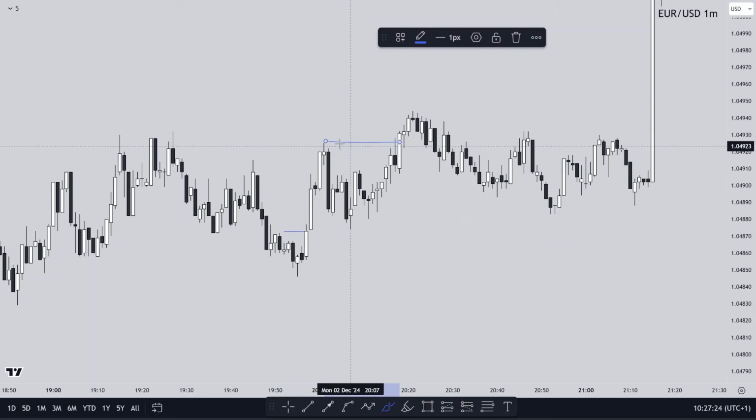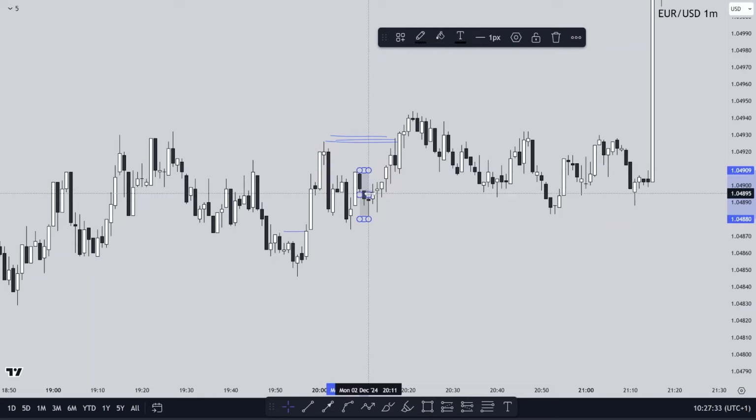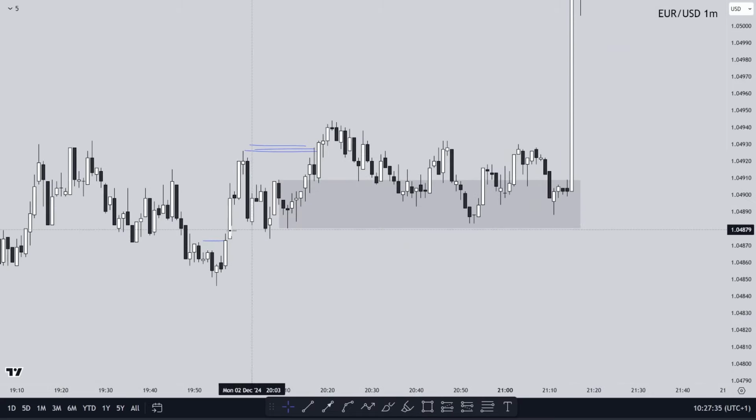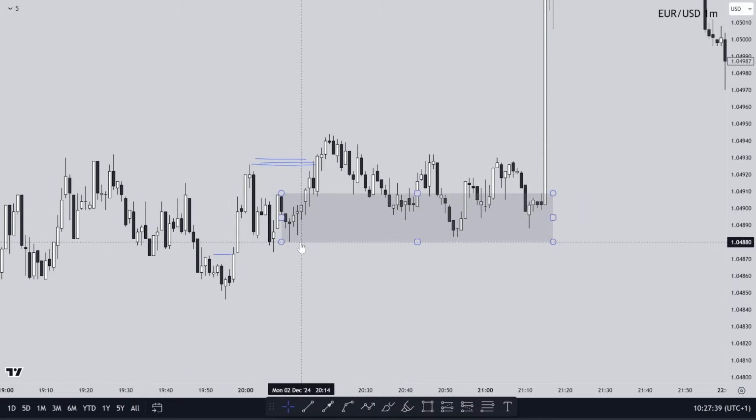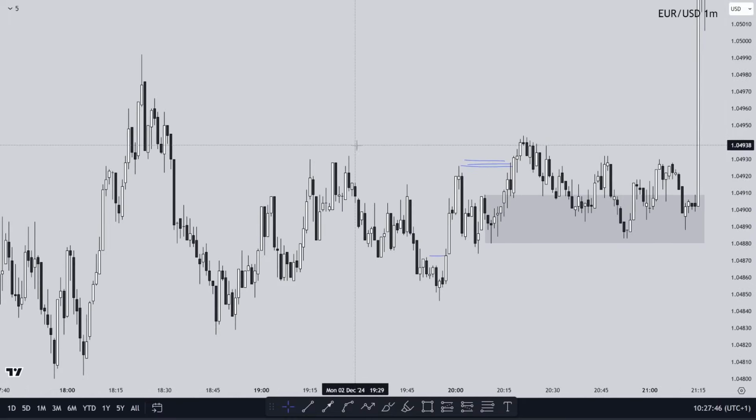Here price breaks again to the upside. So this is a good confirmation. And now I understand that I can enter, maybe open a buy position from this level or from this one. It's the same, depends on the strategy, but this is a good confirmation. Okay.